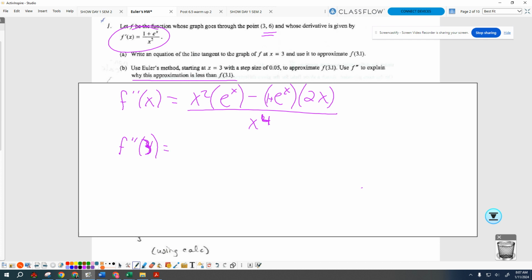So double derivative evaluated there. Let's check. Oh, my calculator.